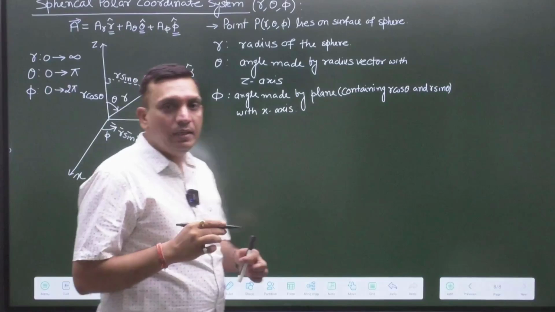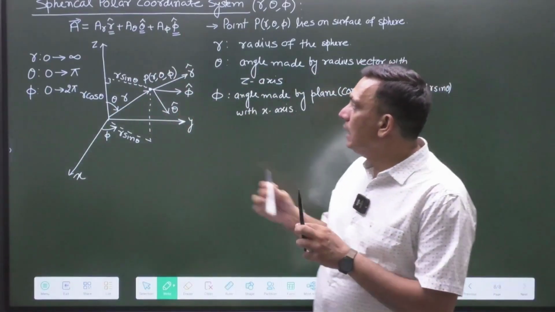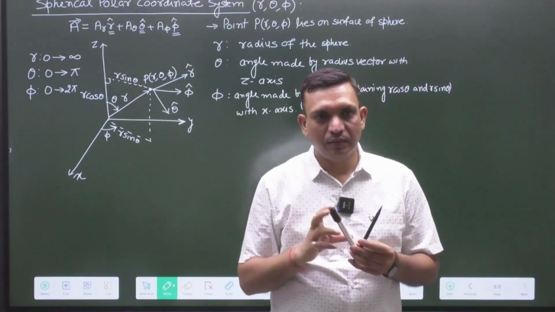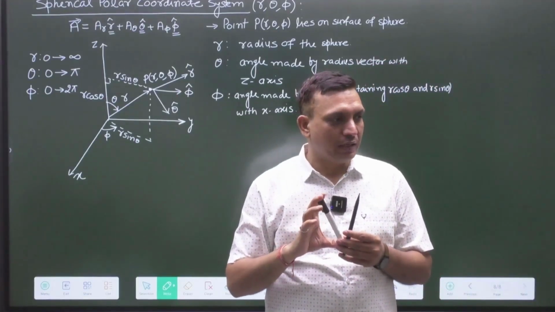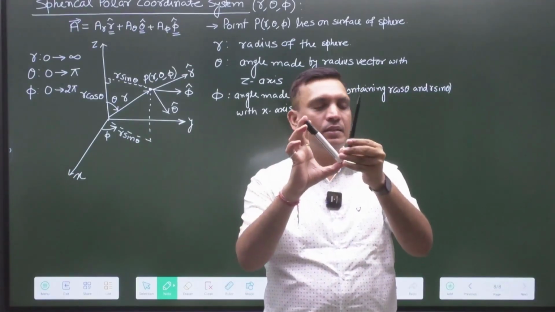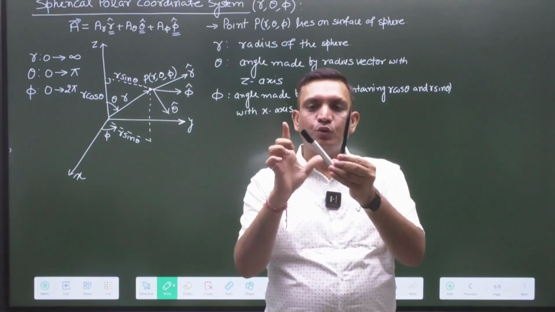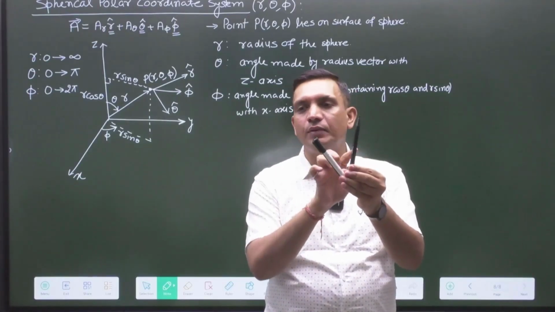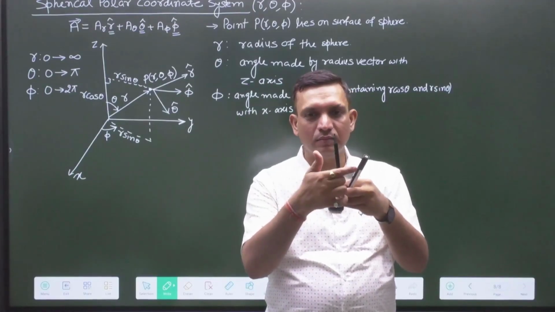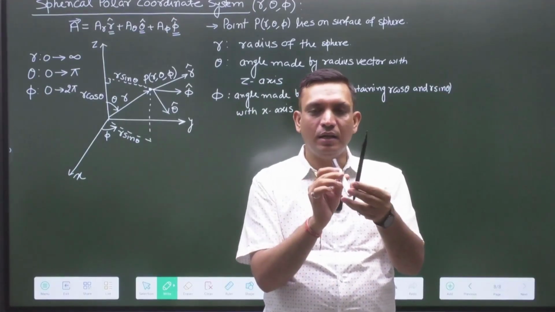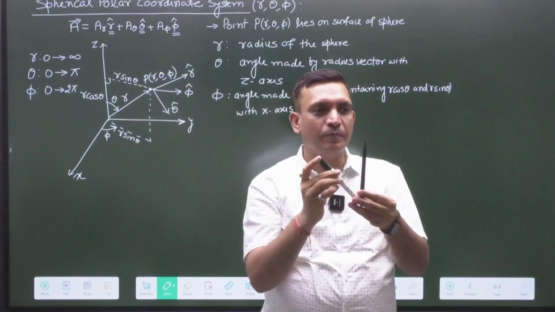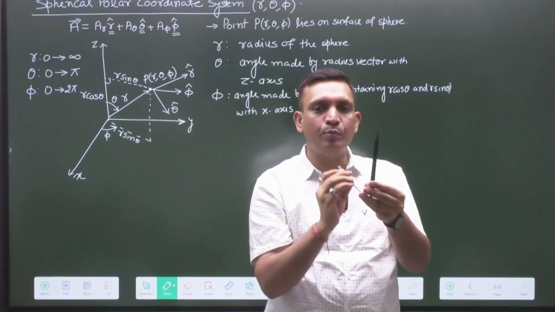So just see the symmetry. Now the definition of theta is what? Theta is the angle made by the radius vector, that is the angle between two lines. If this is the z-axis and this is the radius vector, then this radius vector makes an angle theta with the z-axis. The radius vector may be here, and this angle is also theta. It means if you consider the upper hemisphere, the radius vector may be at any point.